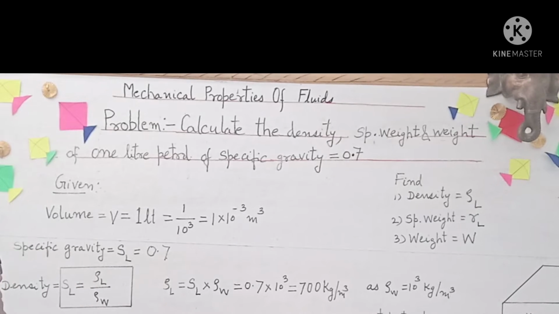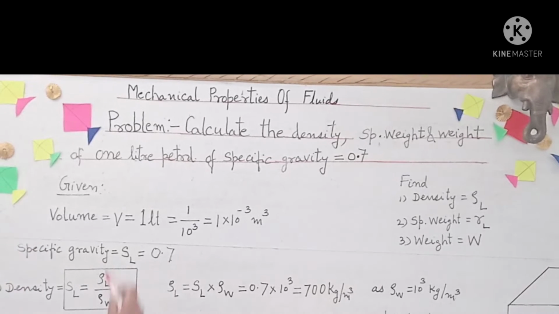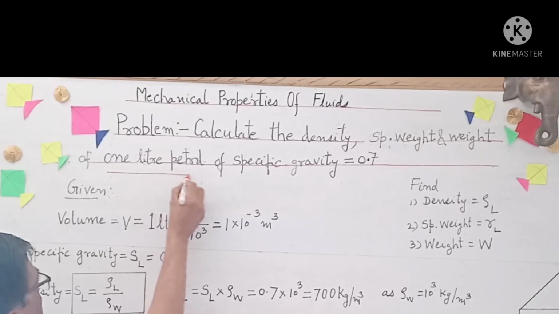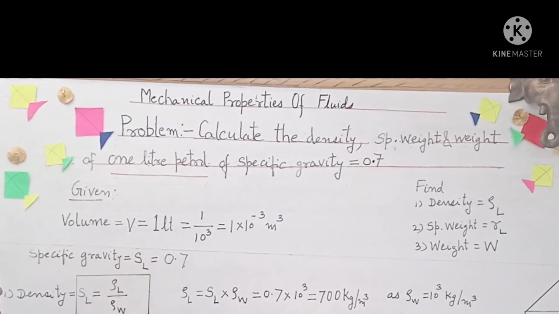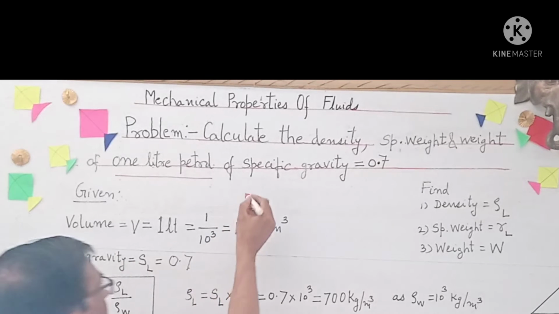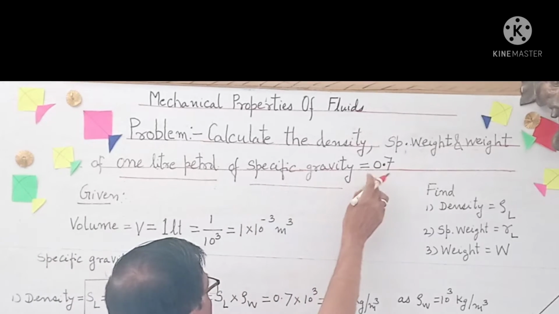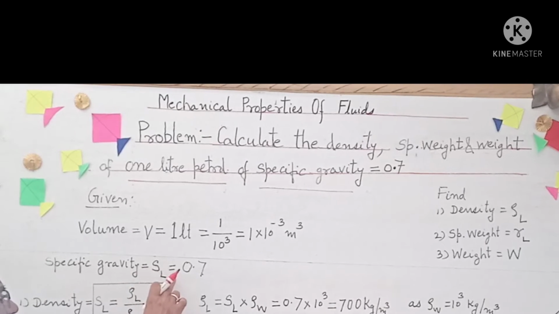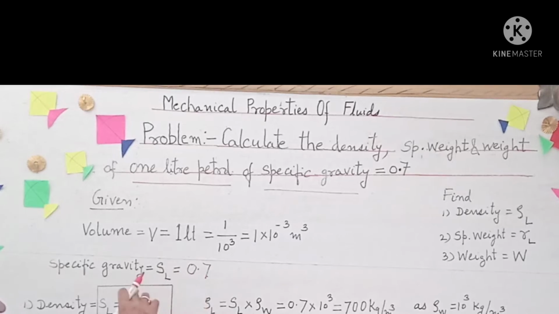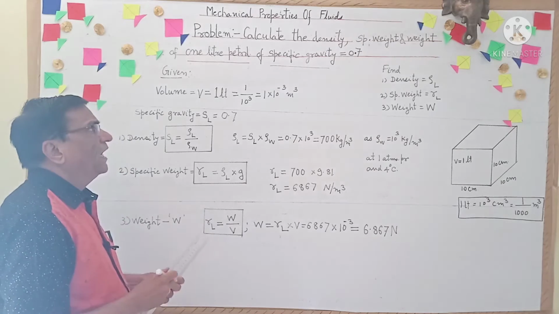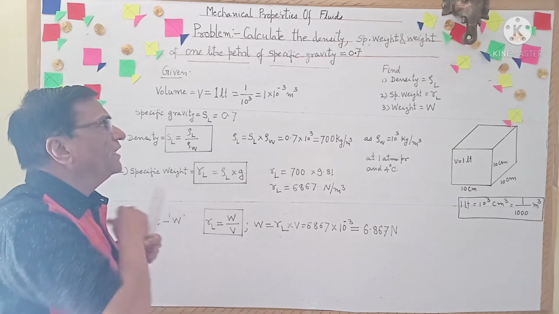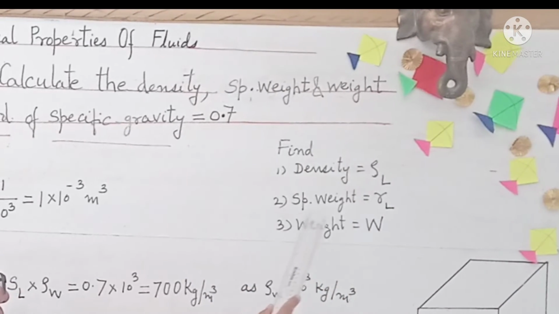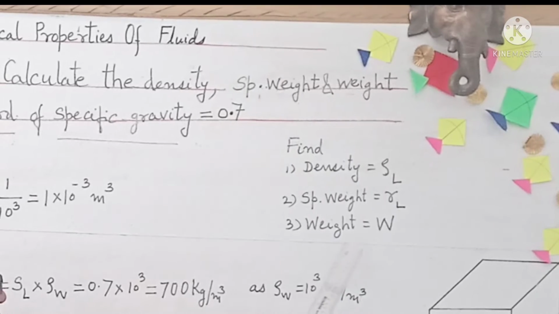Means we have given 1 liter petrol, means volume is given, and specific gravity SL equal to 0.7. These two things are given, and we have to calculate the density of liquid, specific weight of liquid, and weight of liquid.